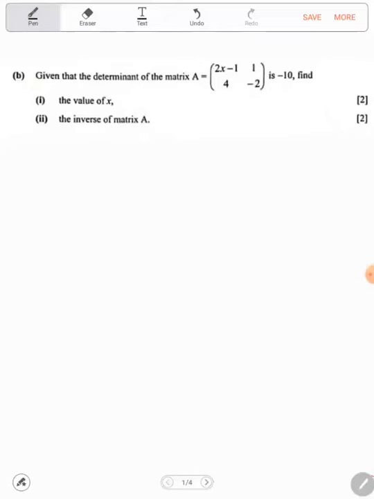Now 12 times x is 12x. 12 times negative 4, you get negative 48. So this is 8x. Negative times that, you get negative 12x. Negative times negative, that's positive 48. Now this is equal to 8, the determinant.